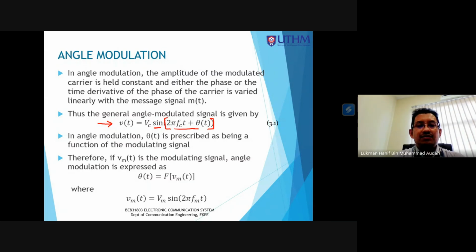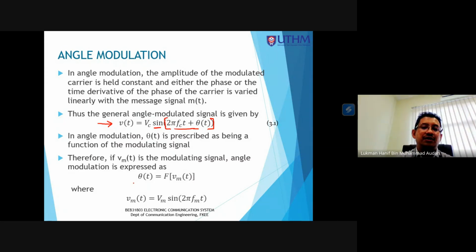So in angle modulation, theta(t) is prescribed as a function of the modulating signal. So theta(t) is a function of vm(t).